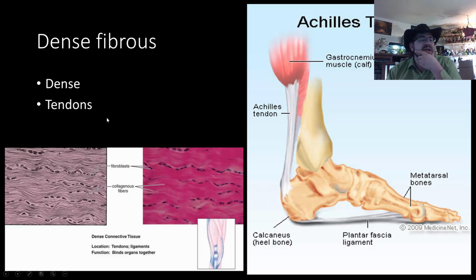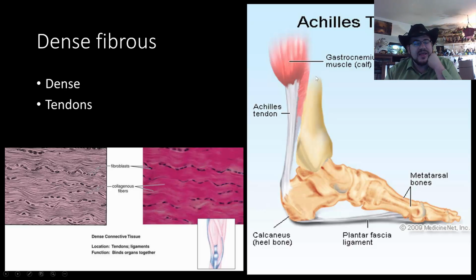And so we find it in tendons. Tendons are dense fibrous connective tissue that connect muscle to bone. So we can see in our picture, this is the gastrocnemius or the calf muscle, and it's connected to the Achilles, which is then connected to the heel bone.